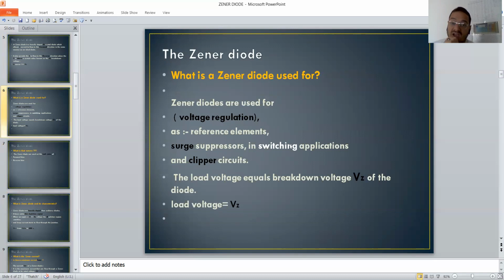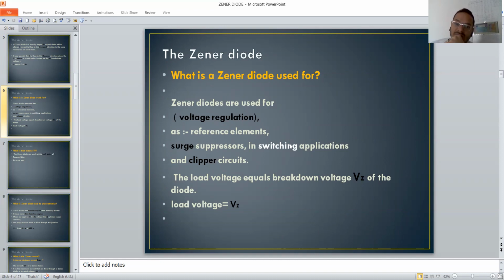What is a Zener diode used for? Why is this topic very interesting to us? Zener diodes are used for voltage regulation, like I said in the first slide. But why?